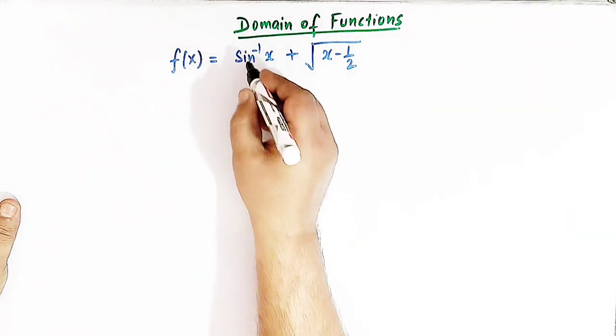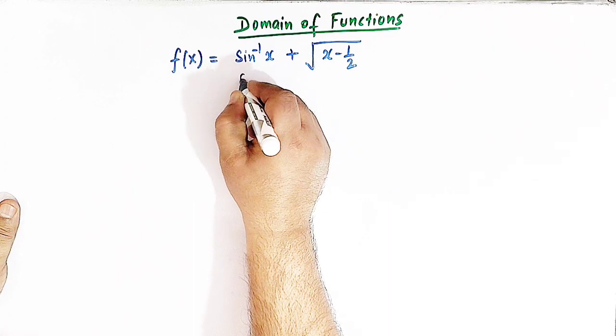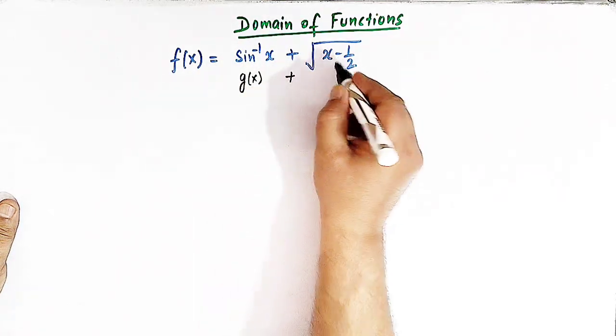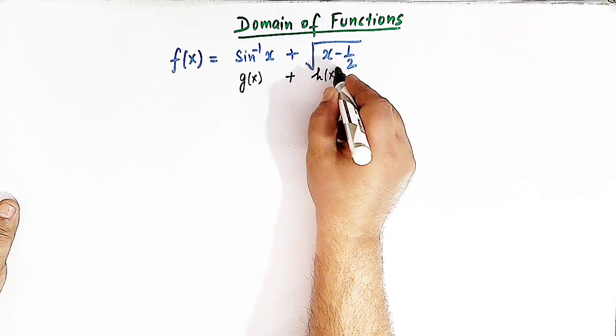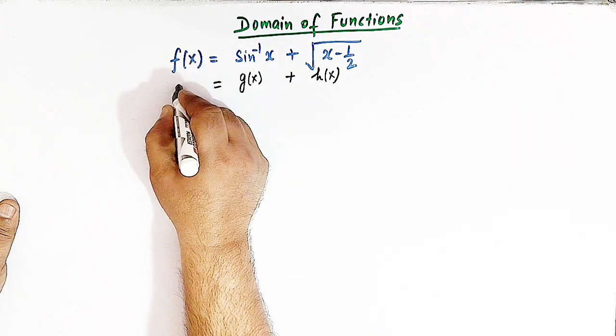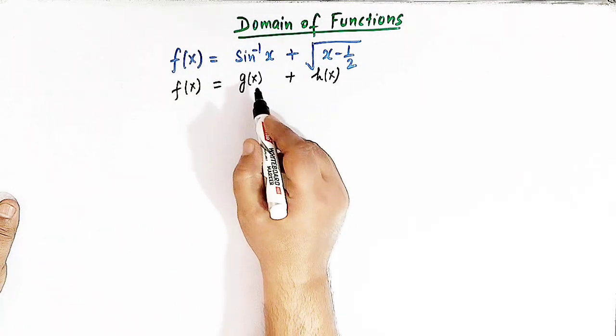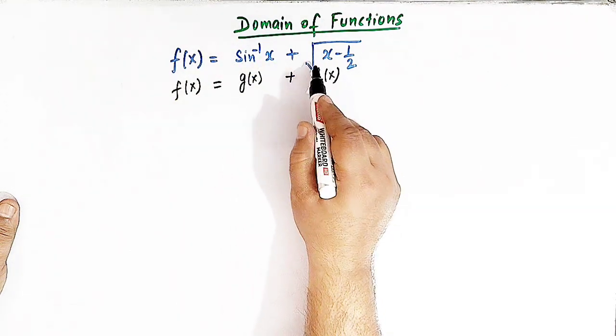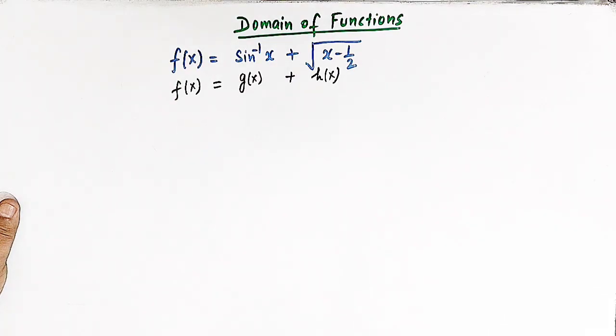So let us take this function as g of x, and let us take this function as h of x, right? So here f of x is the sum of g of x, which is sine inverse x, and h of x, which is square root of x minus half.